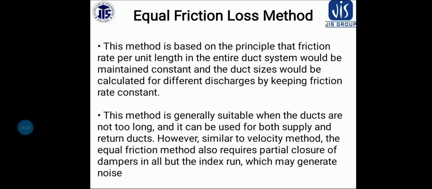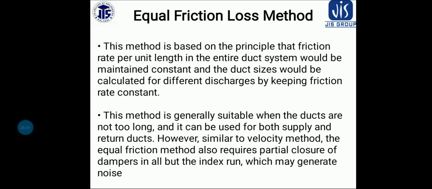So the hydraulic mean depth for a circular duct can be calculated: hydraulic mean depth is equal to area by wetted perimeter. Area is equal to pi by 4 d square for a circular duct, and wetted perimeter is equal to pi d. So pi by 4 d square by pi d is equal to d by 4.